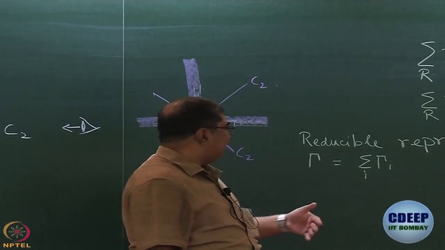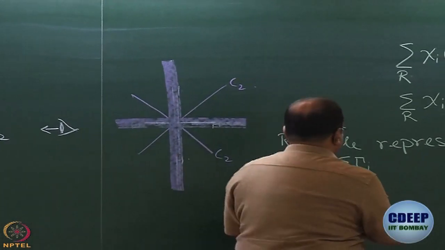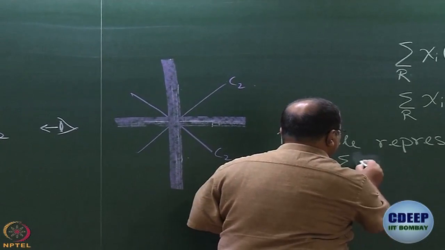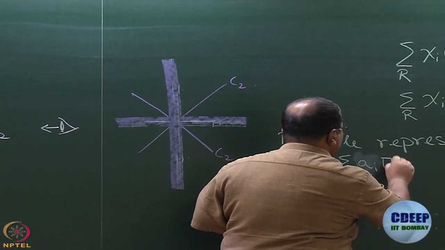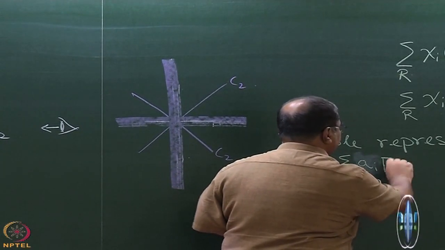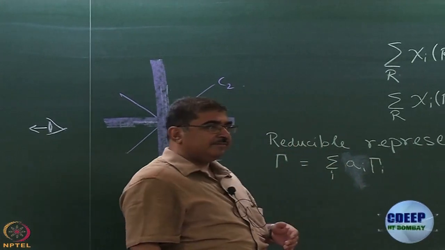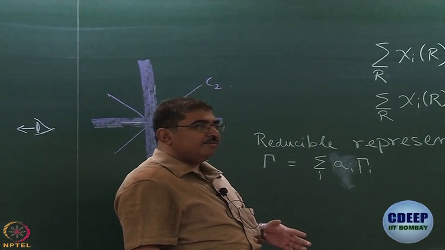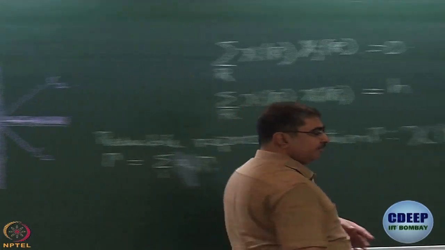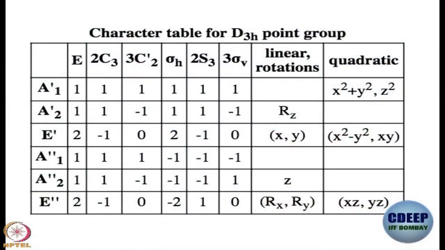Sorry, I made a mistake here, I will write it like this, a_i gamma i, there has to be a coefficient also. What does that mean? If I go back to the character table, what are the gamma i's?